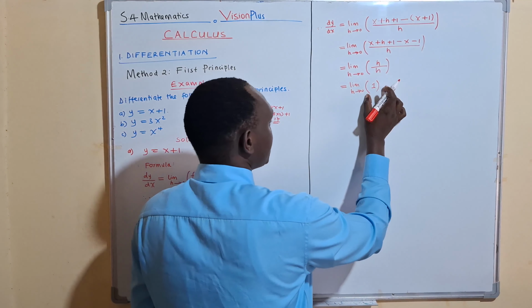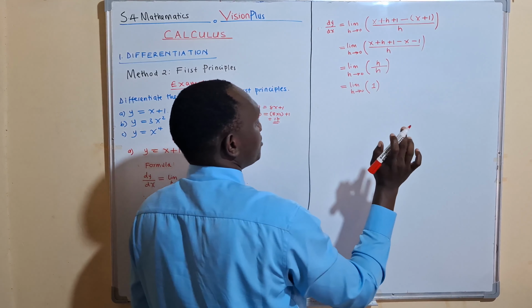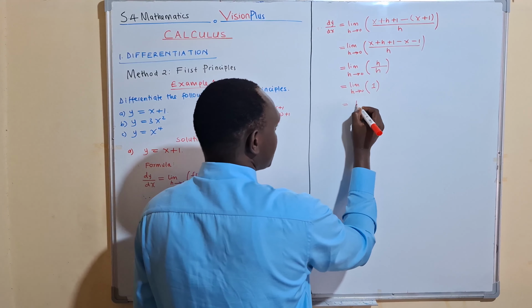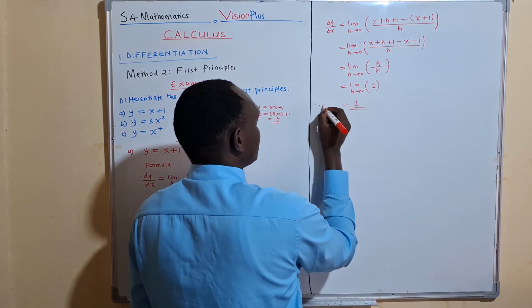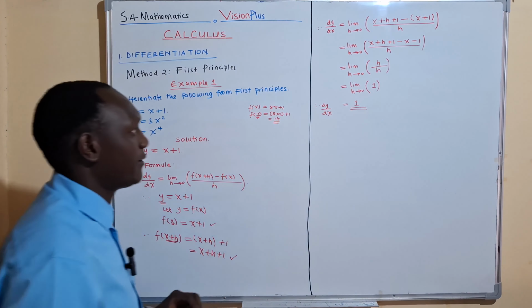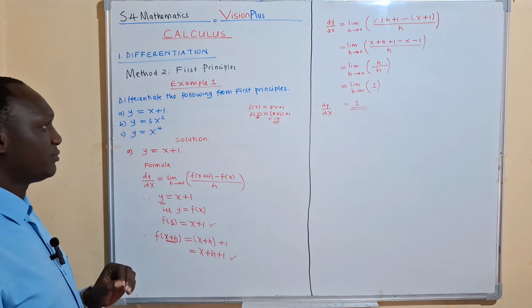So since it is independent of h, we shall not substitute h as 0. We simply say therefore this gives us 1, and 1 is the answer. So therefore dy dx equals 1. We have differentiated it from first principles.